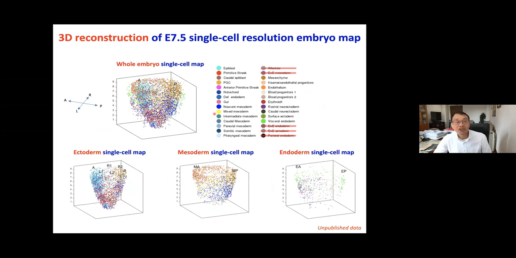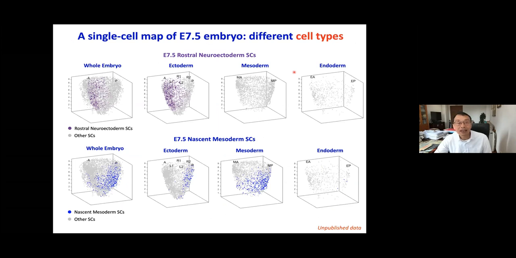gastrulation. Here is a day 7.5 whole embryo single cell map. This is ectoderm, mesoderm, and endoderm. Through this one, we can see the different cell types, like the rostral neuroectoderm, mainly expressed at the anterior ectoderm, and the nascent mesoderm in the posterior region of mesoderm and some part of the chromatic stick.